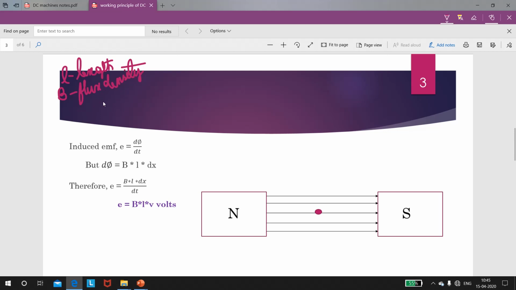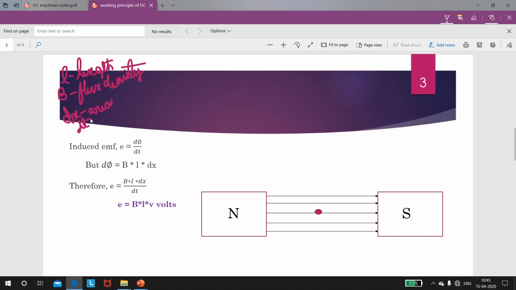And let me consider that this conductor has swept an area dx in the time dt. So dx is the area swept by the conductor in the time dt. So dt is the time.